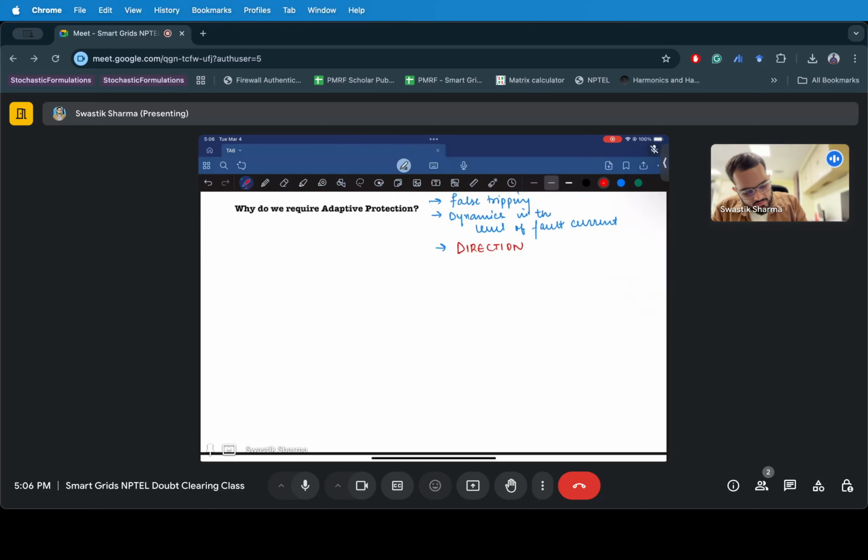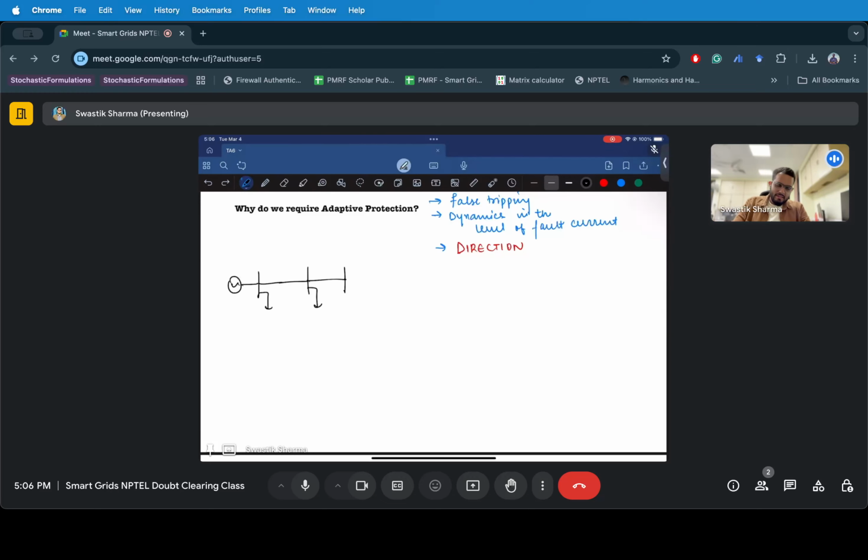Let's consider this arrangement in which we have this source, and then we have a two bus scheme. Let's assume there is a two bus or three bus scheme, and then we have loads at both ends.